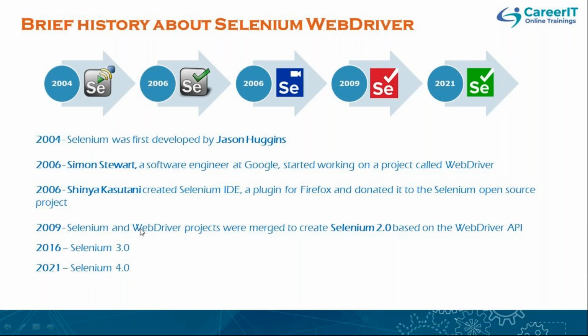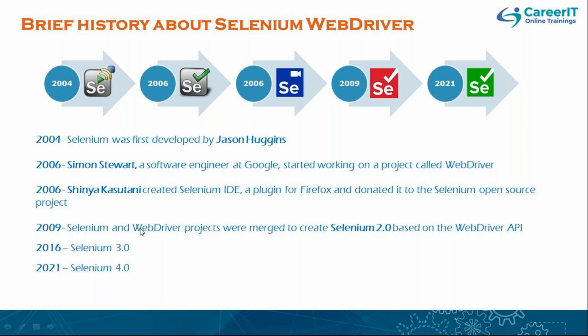Then after 2010, during 2011, 12, 13, 14, 15, they were fixing some issues and making Selenium 2.0 more stable. That means they released some internal versions like 2.1, 2.2, 2.5, 2.7, 2.8, 2.9, like that. And 2016 was the year where they released one more stable and major version into the market, that is Selenium 3.0.